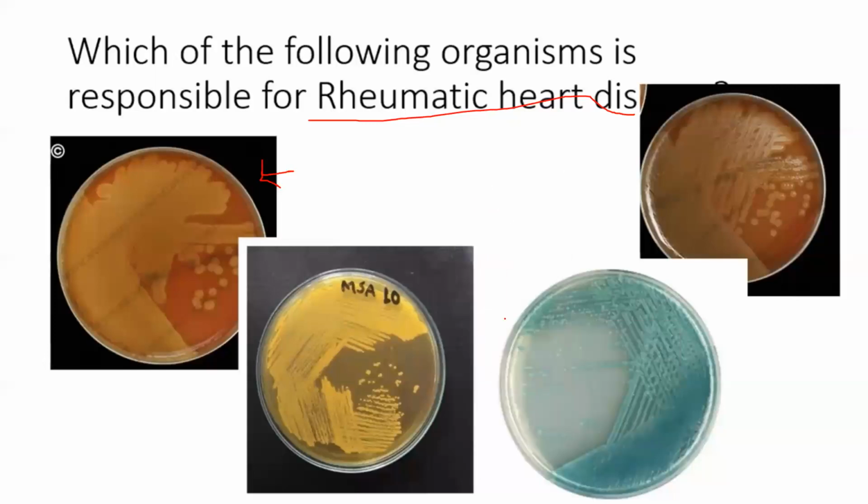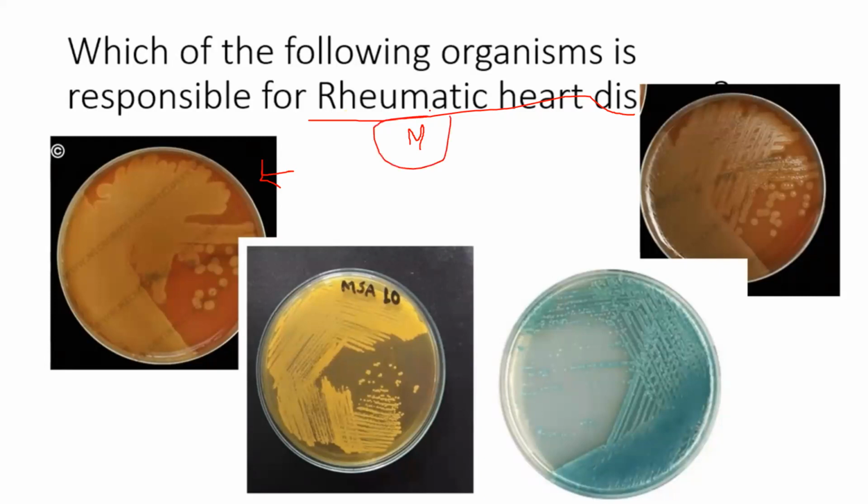Step by step, okay? So first thing is, rheumatic heart disease is caused by what? It's caused by the M protein, remember that? It's when the antibodies against the M protein resemble the myosin on the heart, so the antibodies start to attack the myosin. So it ends up with rheumatic heart disease.